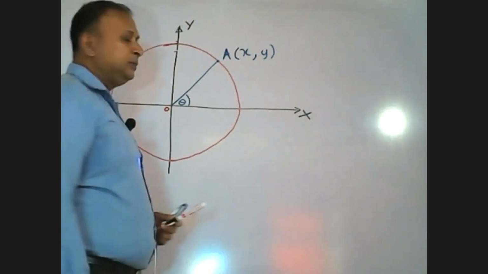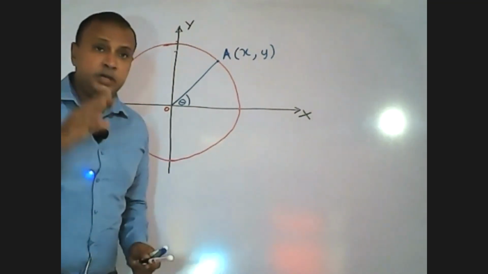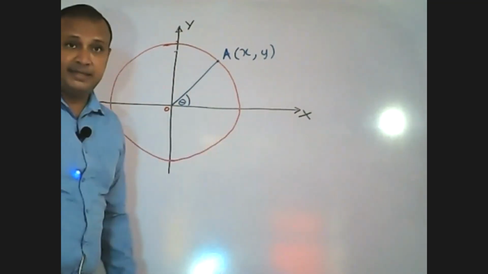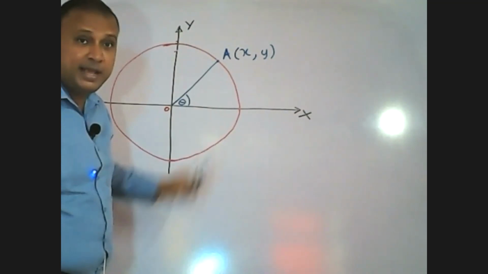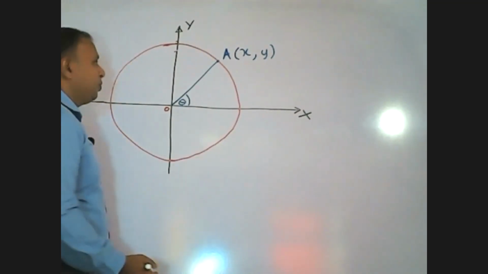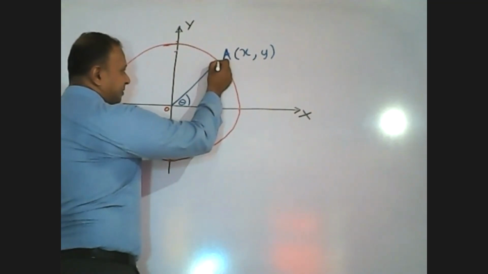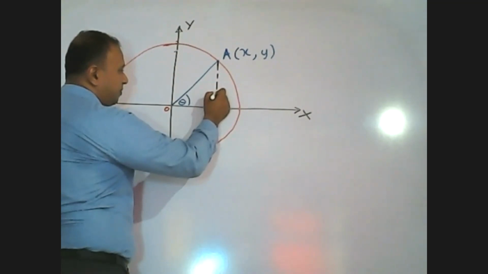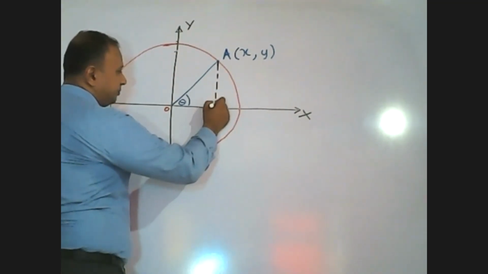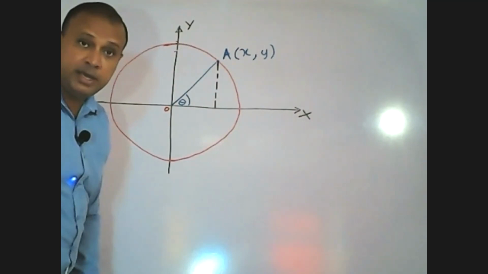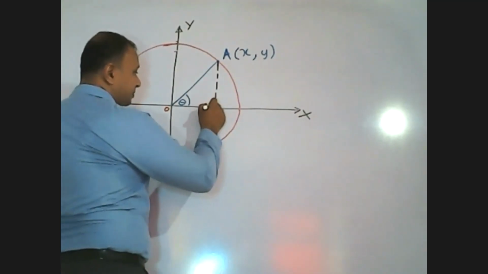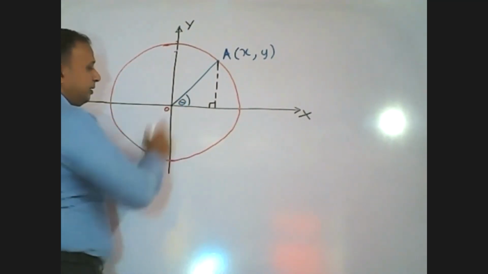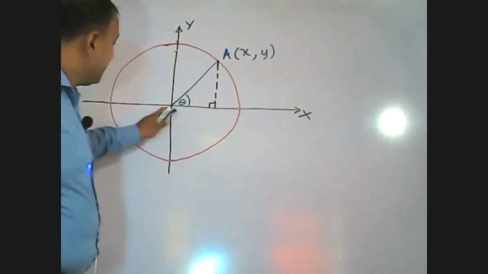Now we are going to draw a perpendicular projection of A on the x-axis. How to draw a perpendicular projection? You have to draw a perpendicular from A. Here we don't need a perpendicular from O because O is at the origin.